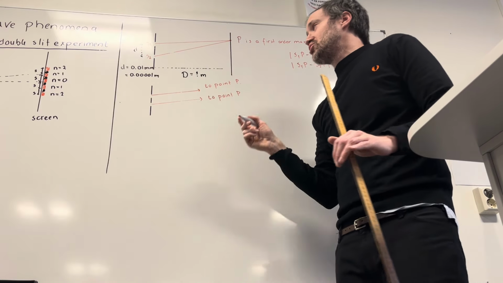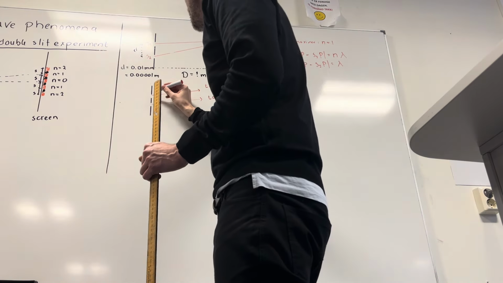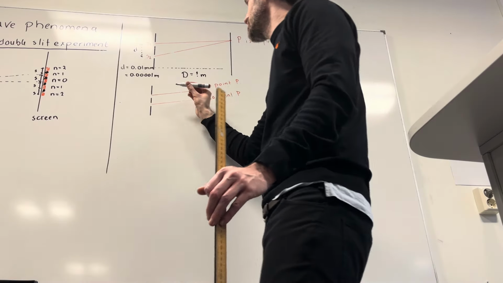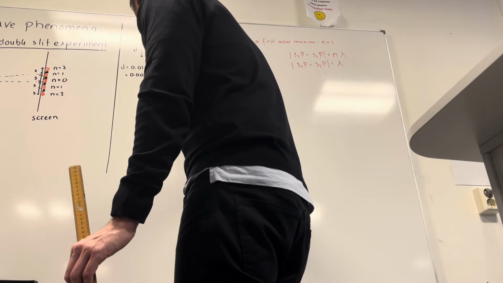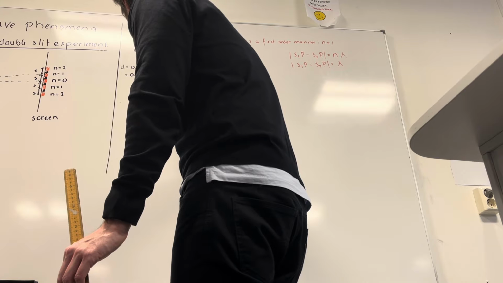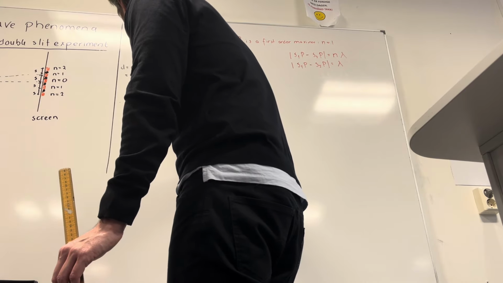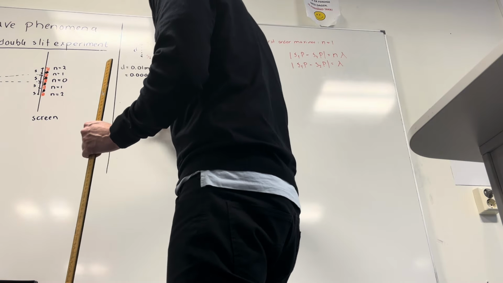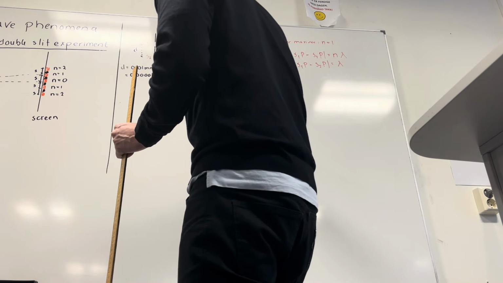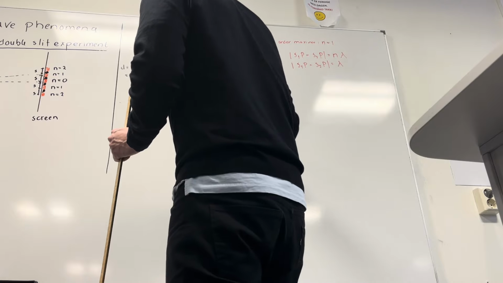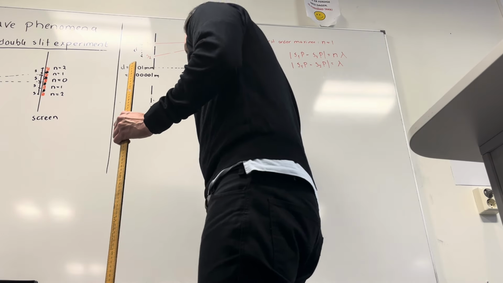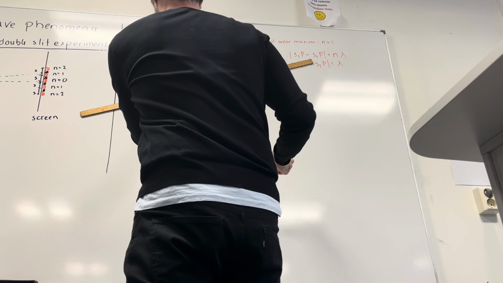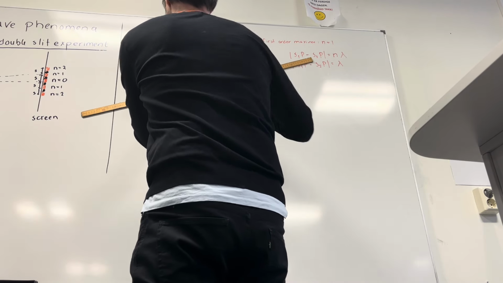Okay. So in order to find the path difference between these two points, we have to draw a line here. I tried to redraw my diagram a little bit. I want to make it a bit steeper. It wasn't too easy to see, so I had to redo it and make it easier to see.